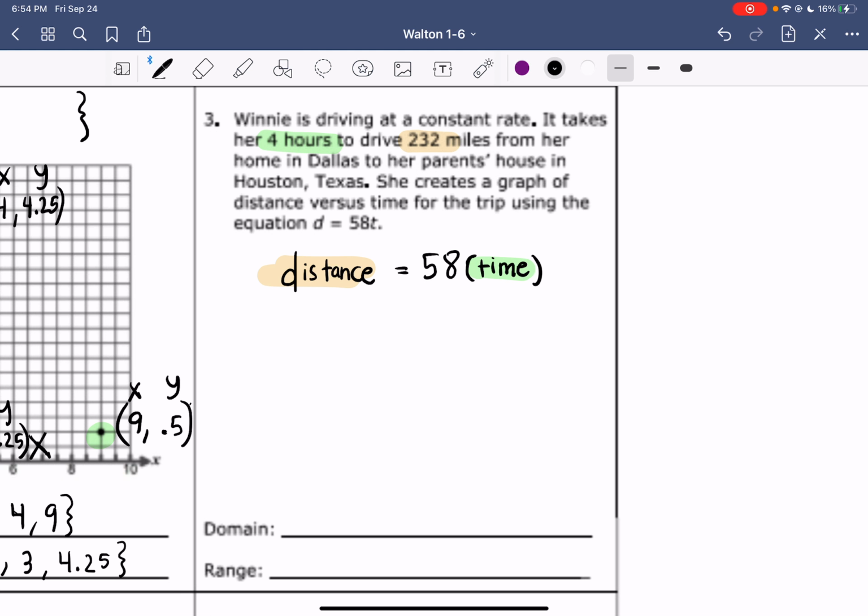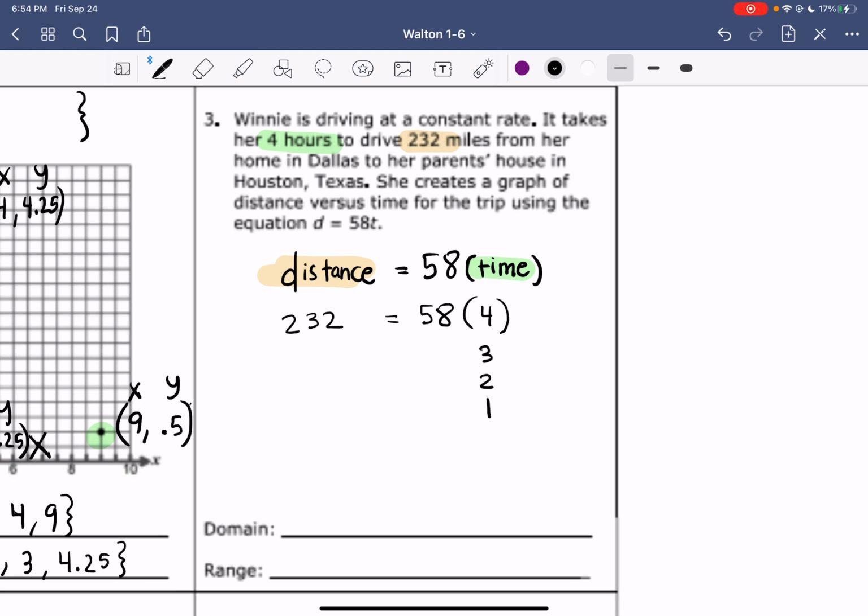What we can do is see that in 232 miles, we did 58, and that was just by multiplying it by 4. That's something we don't necessarily need to know, but we could figure out how far she traveled in 3 hours, in 2 hours, in 1 hour.